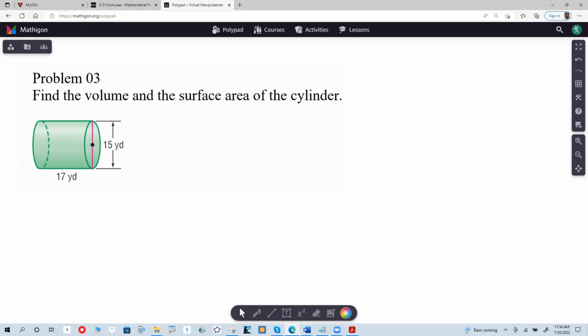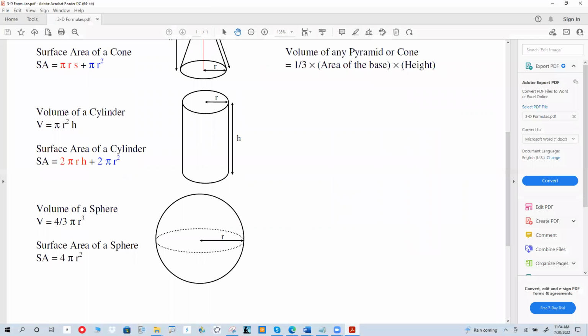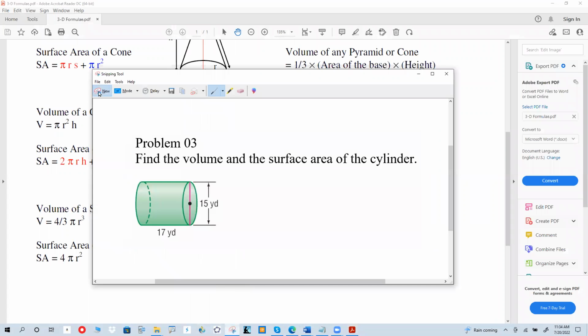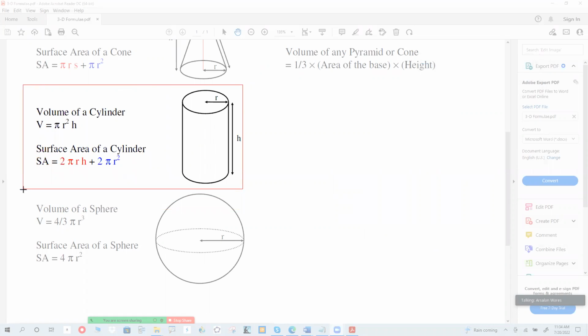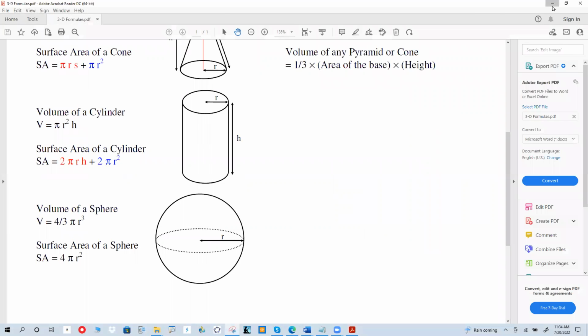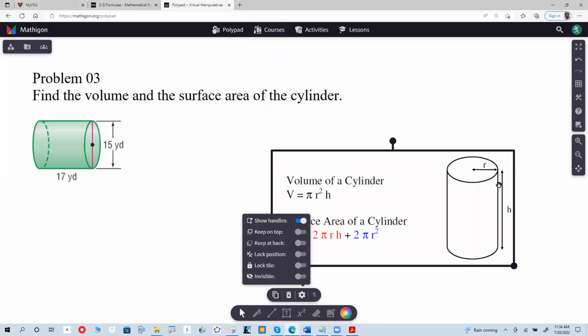And I would like to keep my formula for cylinder handy. Okay. Just a personal choice. If you have memorized it, be my guest. I've memorized it too, but it's nice to have it handy. That way we can refer to it.